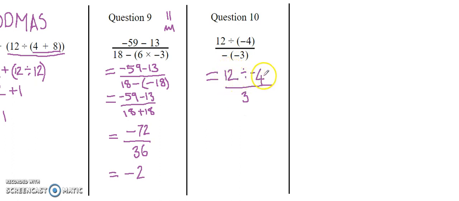What is 12 divided by negative 4? Well, positive divided by a negative is a negative, so it's going to be negative 3 over 3. And what is negative 3 divided by 3? It's negative 1.